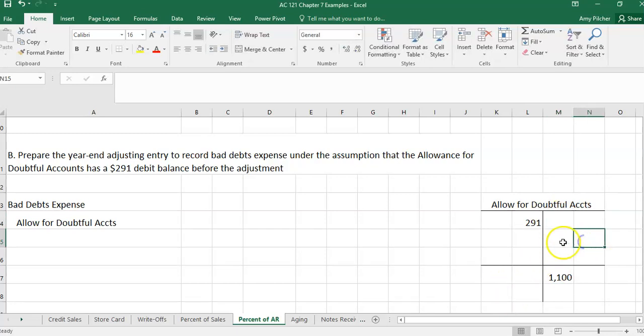Now we need to record a credit that makes this balance $1,100. So in order to do that, we need a bad debts expense of $1,391. So if we put a credit here then for $1,391 against our $291 debit, we would have an ending credit balance of $1,100.